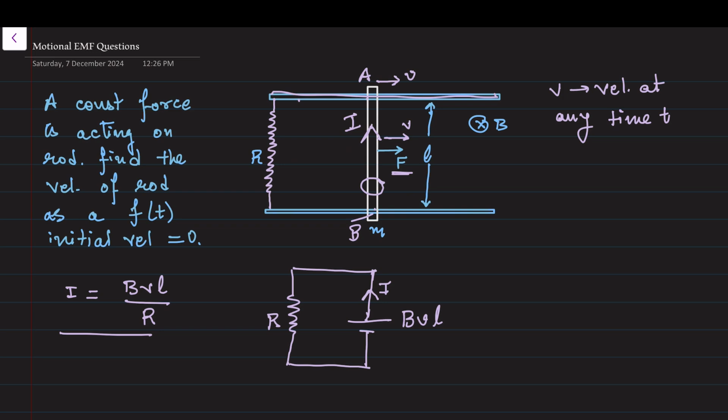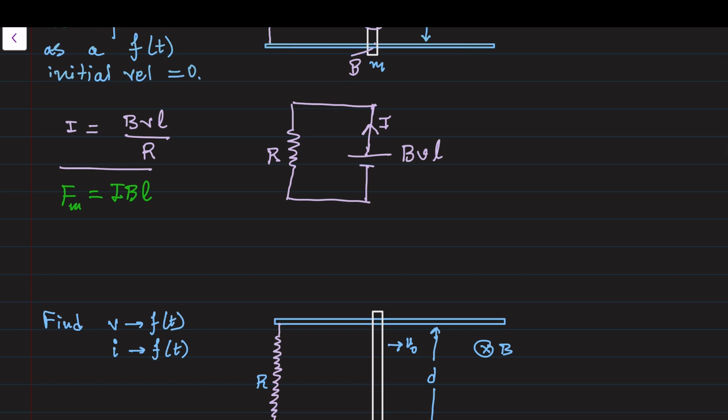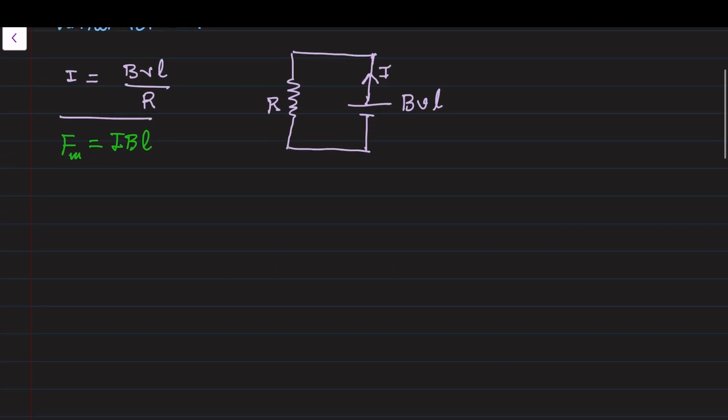This will experience the magnetic force in this direction, F magnetic, and this magnetic force will come out to be IBL, that is, B square L square V by R.